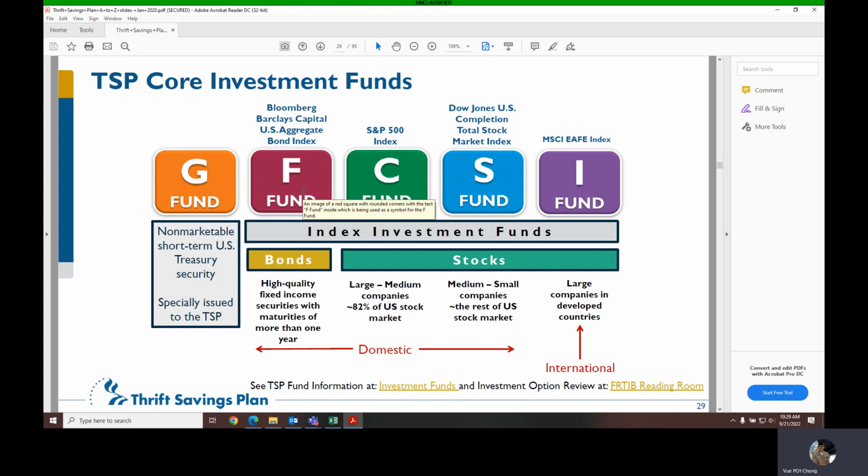So the F funds. G fund stands for government, F is fixed, C is common, I believe, S is small stocks, and then I is international. And these up here are the civilian equivalents to what they represent. So F is bonds, CSI are stocks.